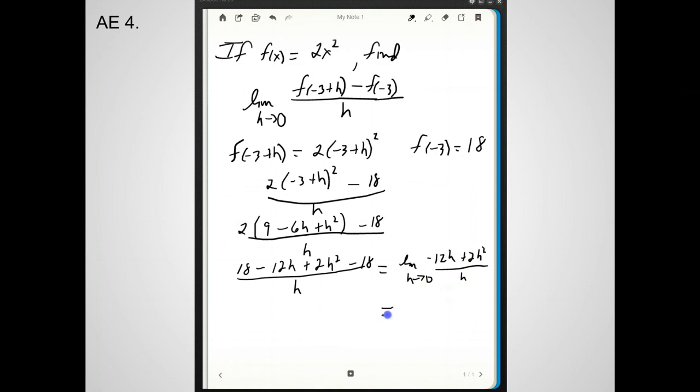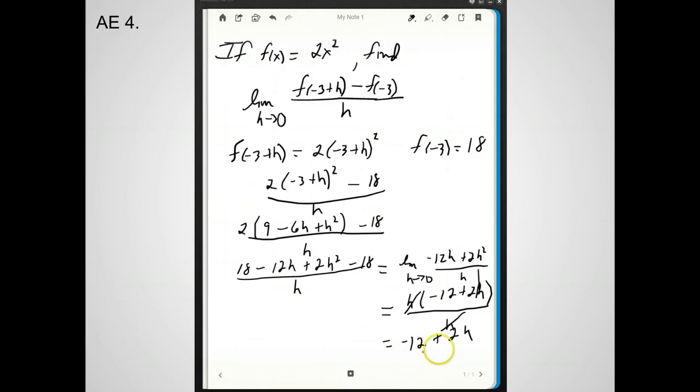And to do that, we're going to just look at the rational expression itself and factor out an h and have negative 12 plus 2h, pardon me, divided by h. Now, if we're not at 0, those can go and we're left with negative 12 plus 2h. The limit of this is the same as what we were asked to find as h approaches 0.